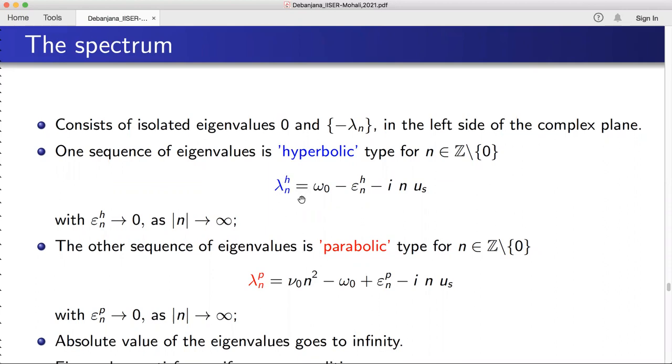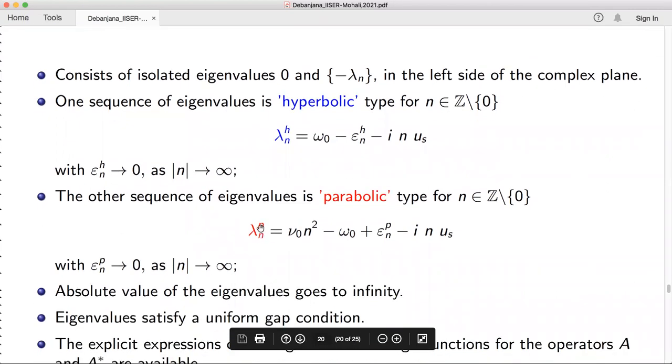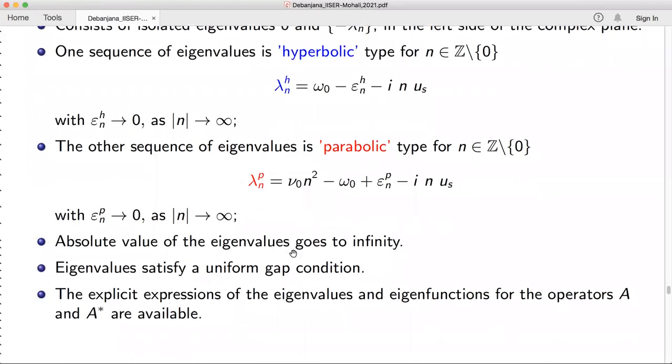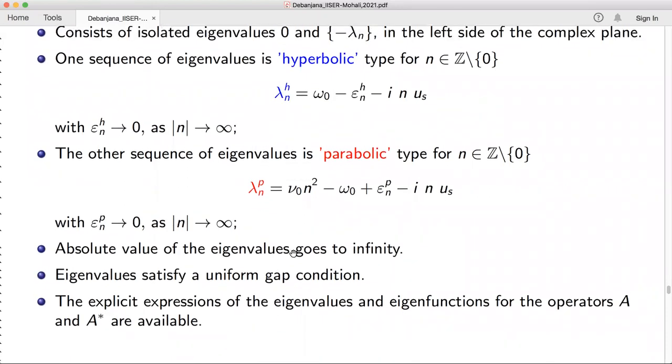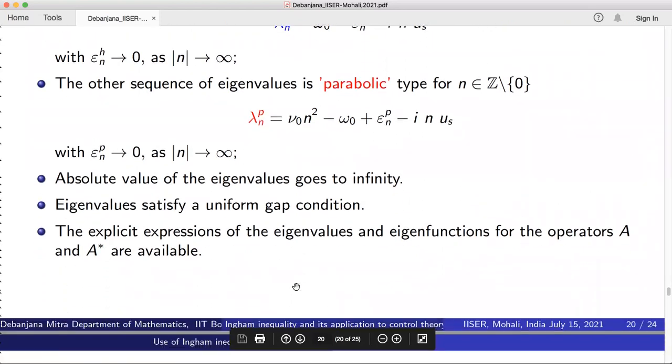One is lambda_nh, as I was just explaining, which we call hyperbolic type exponents, and the other is parabolic type, lambda_np, whose real part is the dominating part and behaves like n squared. The good thing is that these eigenvalues satisfy a uniform gap condition, and we will exploit that.